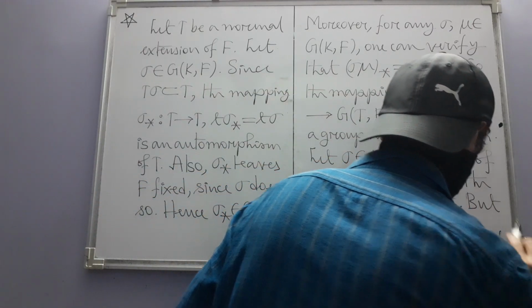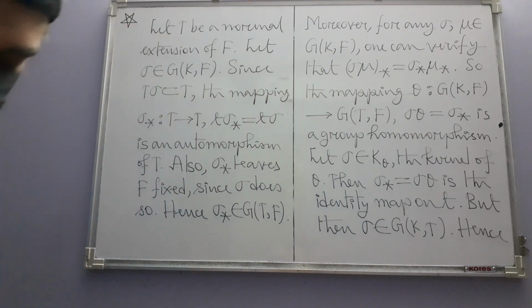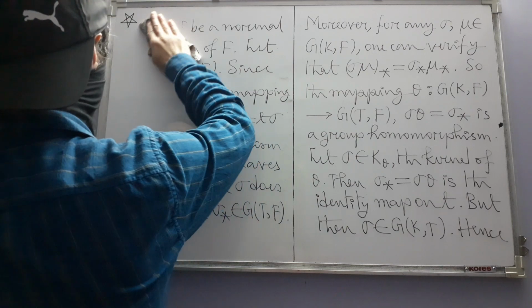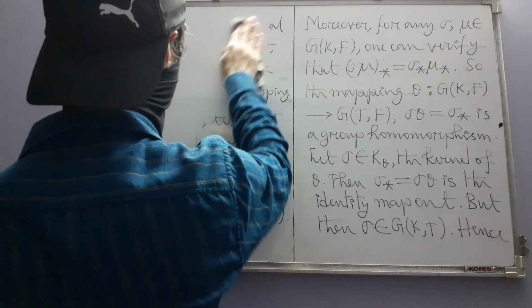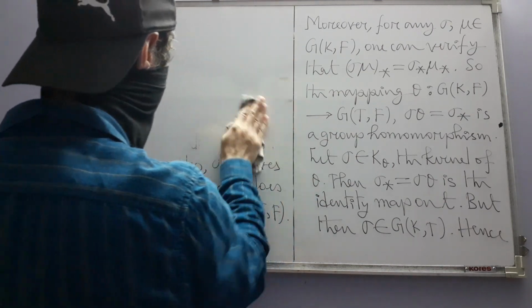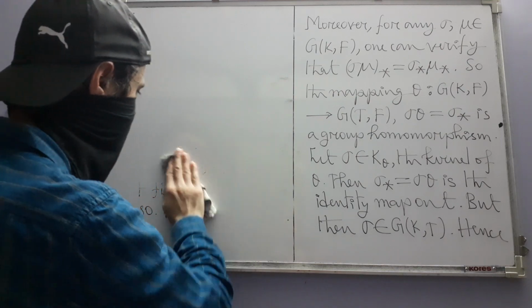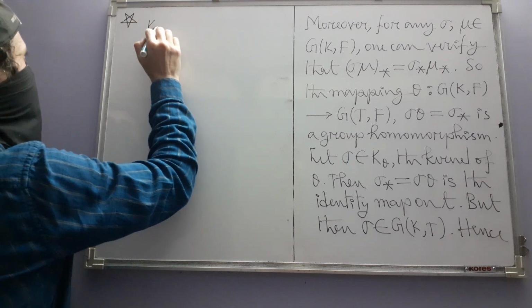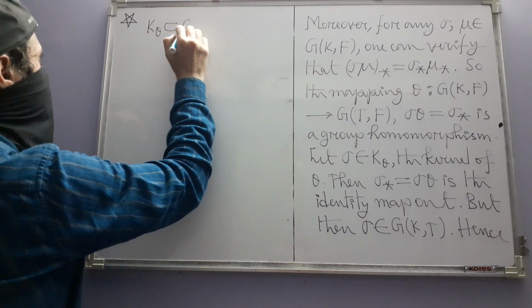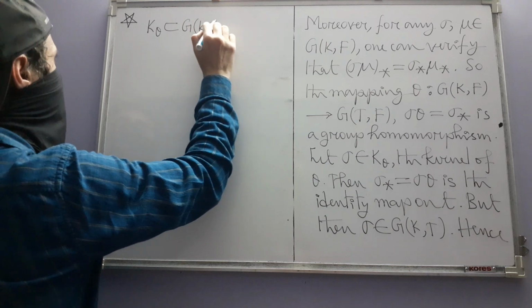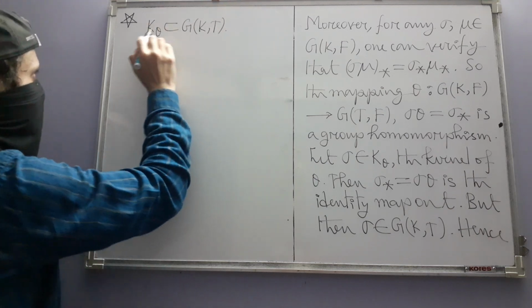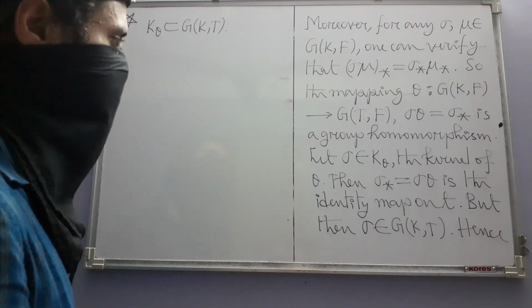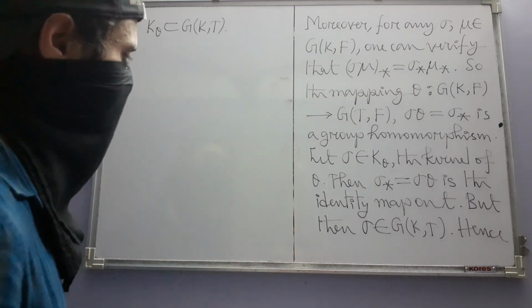Hence, the kernel of theta is contained in this group G(K, T). K theta is a standard notation in this book for group homomorphism kernels.